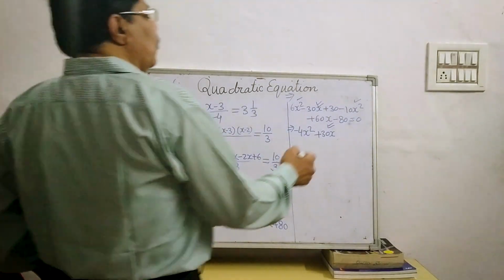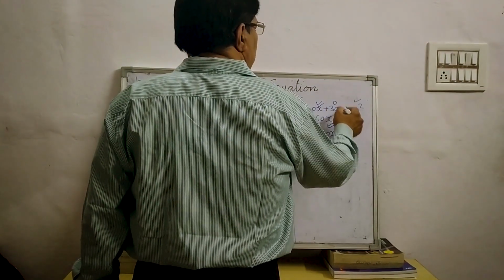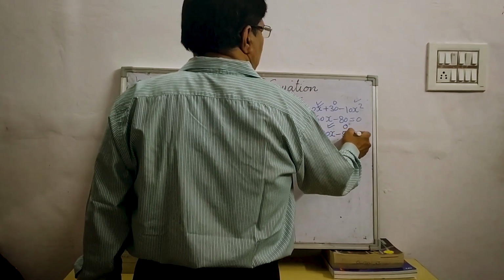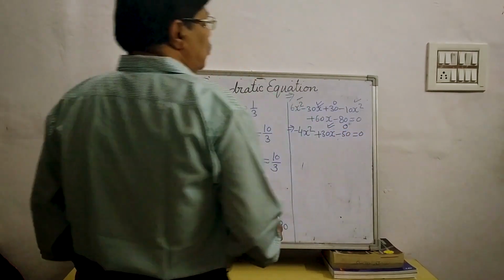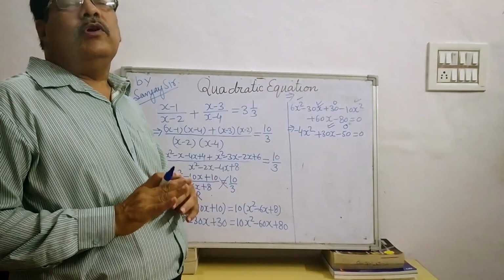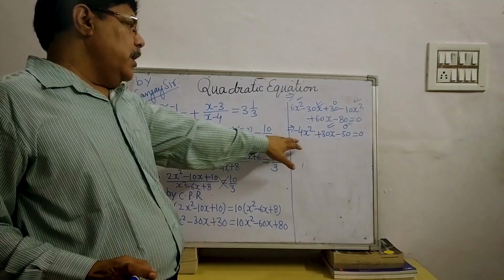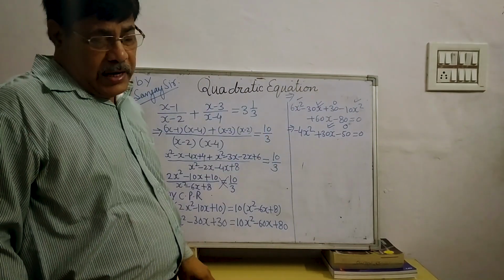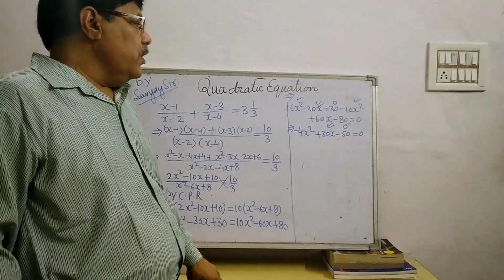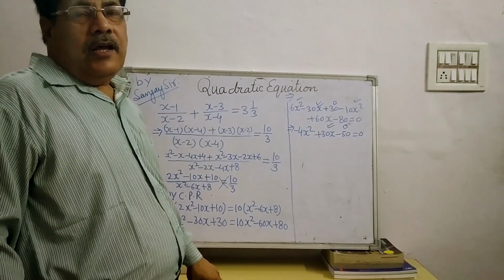Now here, look here. This is a constant term, this is a constant term, this is bigger, so the sign will be there, minus 50 equal to 0. So after collecting the like terms and doing the operation, we will get this equation: minus 4x square plus 30x minus 50 equal to 0. Clear?